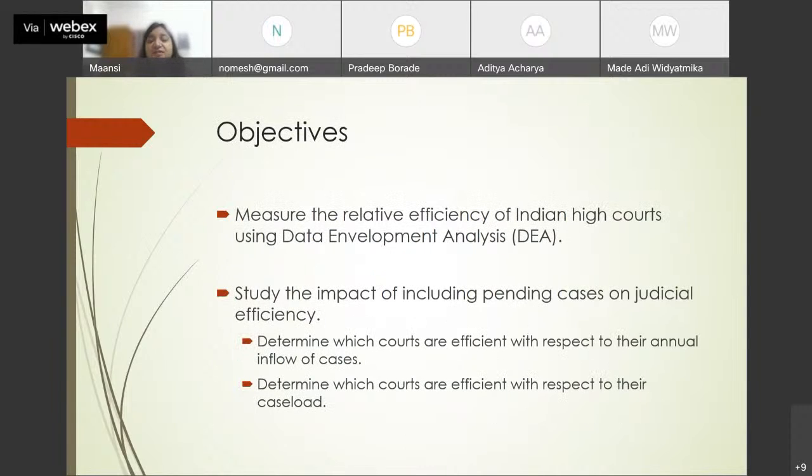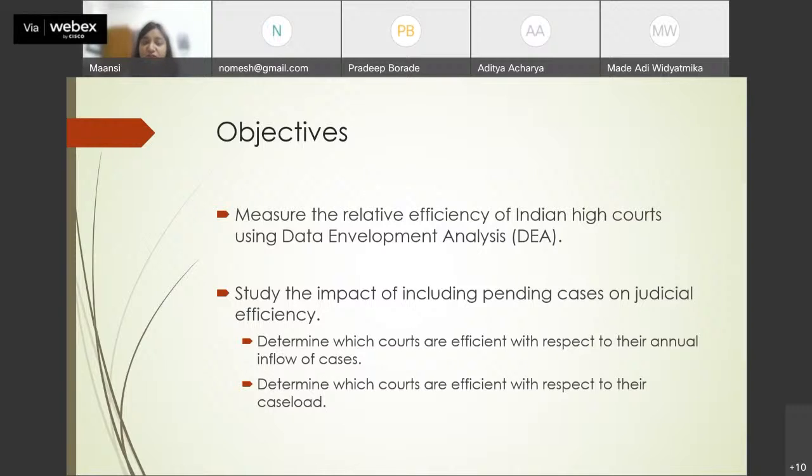So our objectives are to measure the relative efficiency of Indian high courts using data envelopment analysis, and then to present two sort of comparisons of these measurements. So we make one model in which we determine whether the courts are efficient with respect to their annual inflow of cases, the cases that are instituted during the year, and second, in which we determine which courts are efficient with respect to their total caseload.